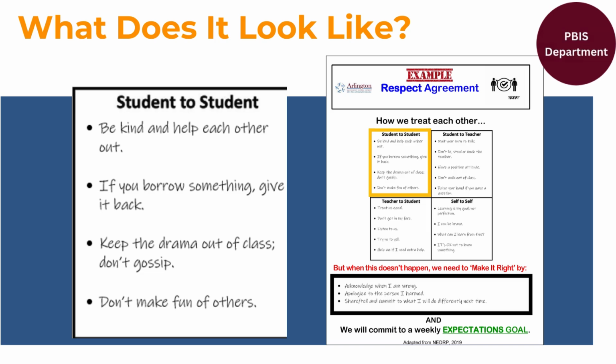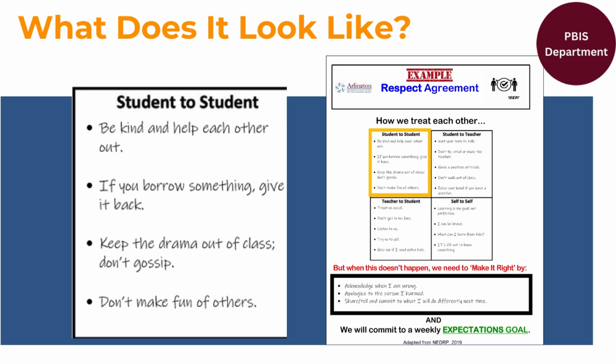Thank you, Suzanne. Let's start with the first quadrant, which is student to student. In this quadrant, we have our students put in their suggestions on how they want to treat each other in the classroom. For example, they may suggest to be kind and help each other, or if you borrow something, give it back.